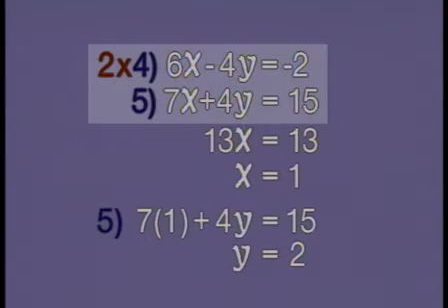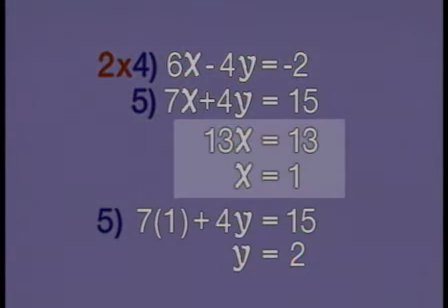So that when we add 6x minus 4y equals negative 2, which is twice equation 4, to equation 5, which is 7x plus 4y equals 15, we get 13x equals 13. And this is really simple because obviously we divide both sides by 13 and x equals 1. Now what do we do now that we have x equals 1?